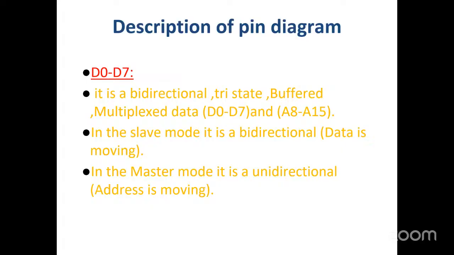When does it work as master, and when does it work as slave? We are connecting the 8257 to the processor and 4 more other devices to the 8257 DMA controller. Okay, when this 8257 is acting as a slave and when it is acting as a master.